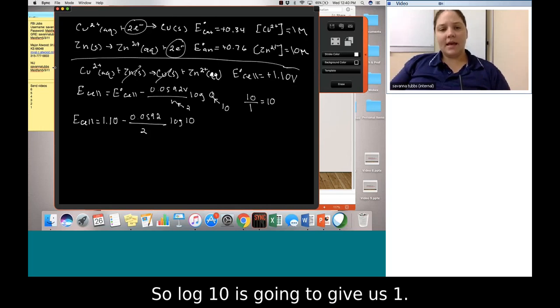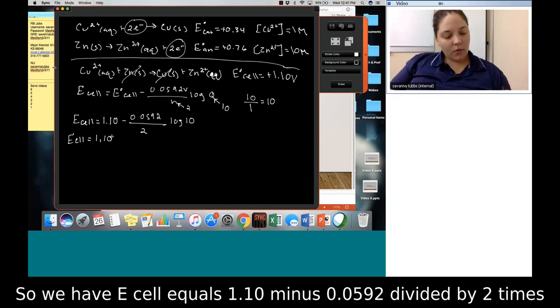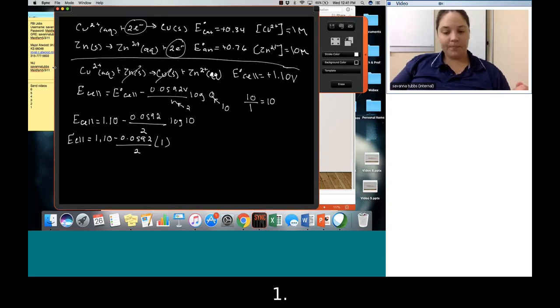So log 10 is going to give us 1. So we have E cell equals 1.10 minus 0.0592 divided by 2 times 1.